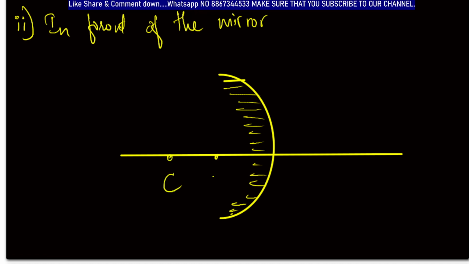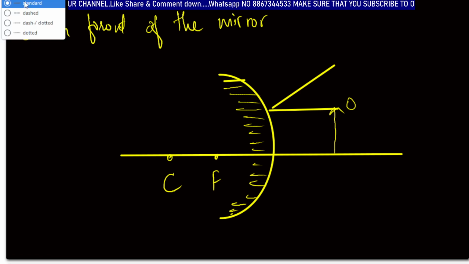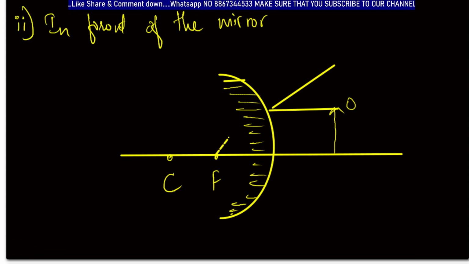This is the center of curvature. This is the focus. Whenever an object is placed in front of the mirror, consider this as the object O. So the first ray passing from here will be parallel. It appears to be passing from the focus.